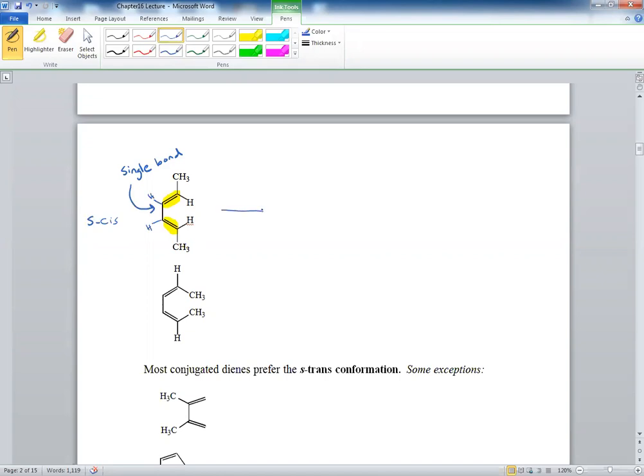You can draw the trans of this molecule. So if we were to number this, we would say this is 1, that's 2, that's 3, that's 4, that's 5, and that's 6. Let me use a different color.